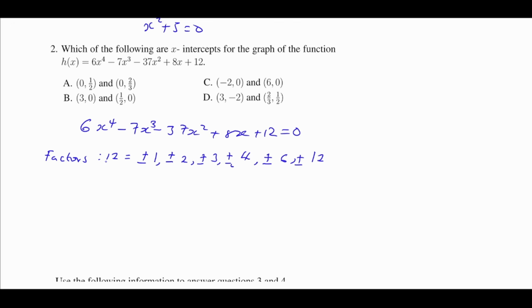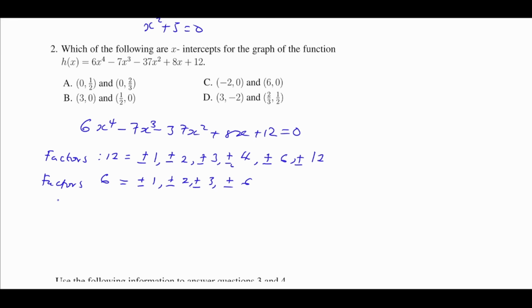Then we have the factors of 6: plus or minus 1, plus or minus 2, plus or minus 3, and plus or minus 6.